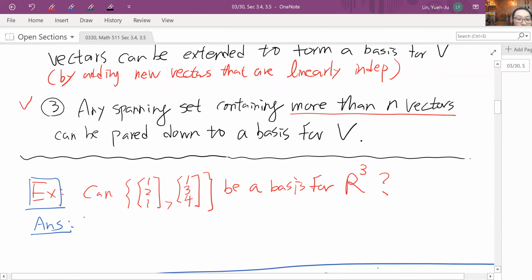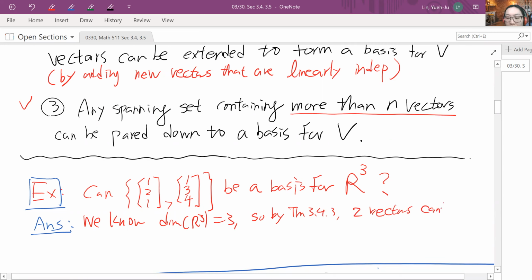So basically you can answer that we know the dimension of R3 is 3. If I want to be really precise, I would say by theorem 3.4.3, 2 vectors cannot span the whole R3.